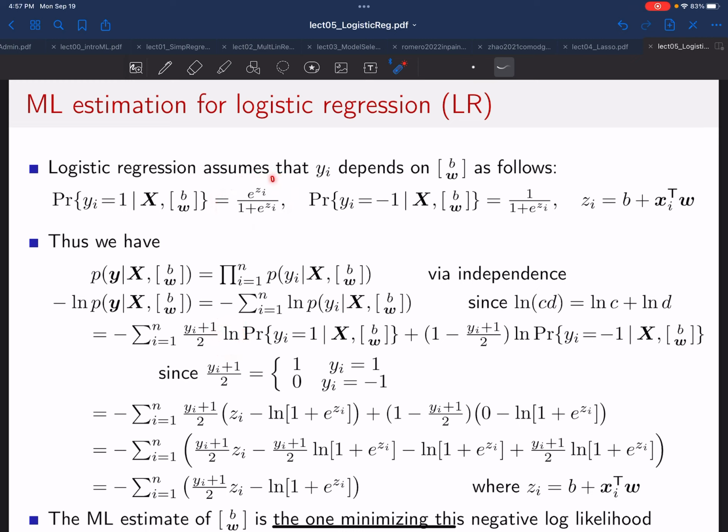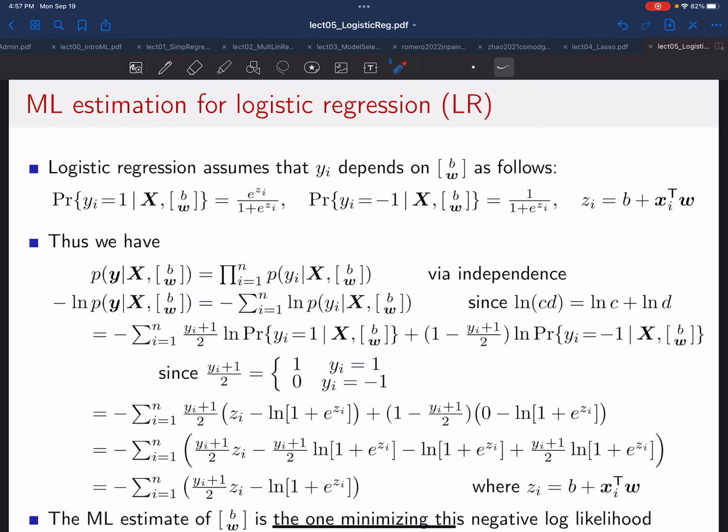So log of the numerator is just going to be zi. And then we have minus log of the denominator. There's really no way to simplify that, so that's like there. And then over here, you have to do the same thing. We have log of the numerator, which is 1. That's a 0. And minus log of the denominator, which is here.